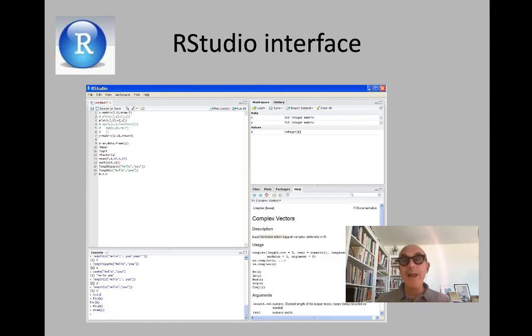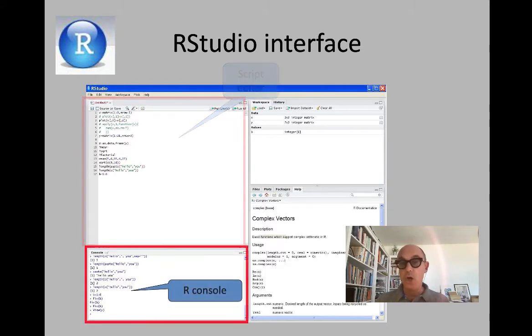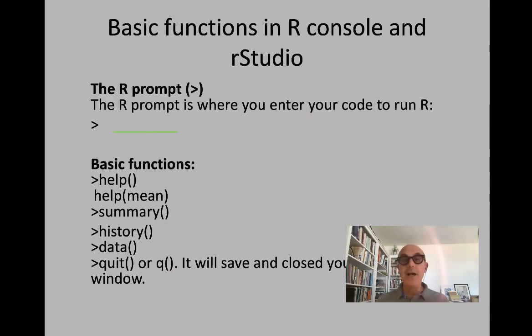Another is the workspace where you are going to import data or see the history of your code, and the lower window shows the plots, the packages that you are using, and so on. So let's start with basic functions in the R console and RStudio.